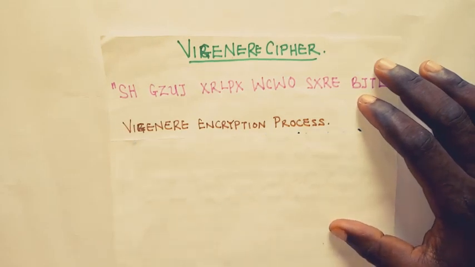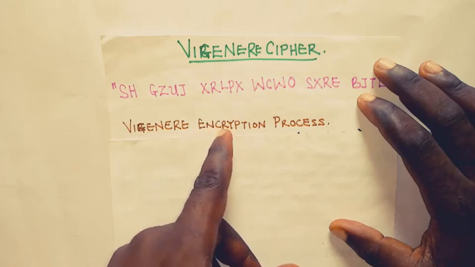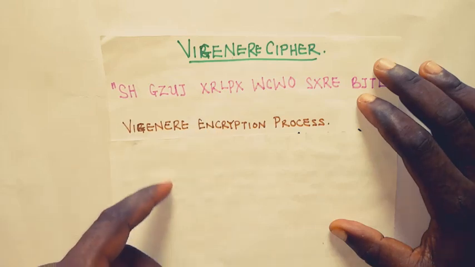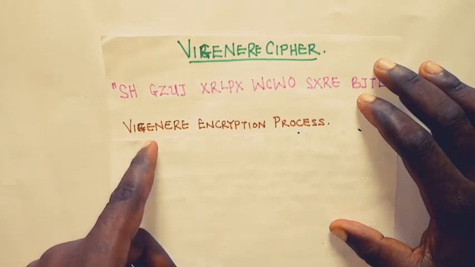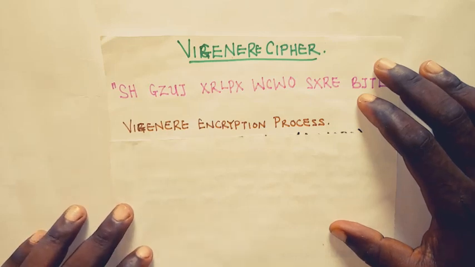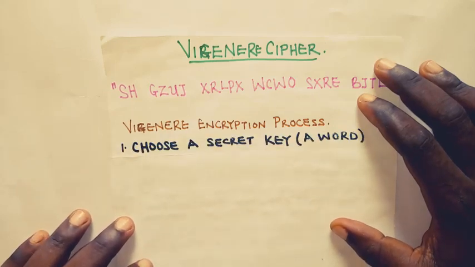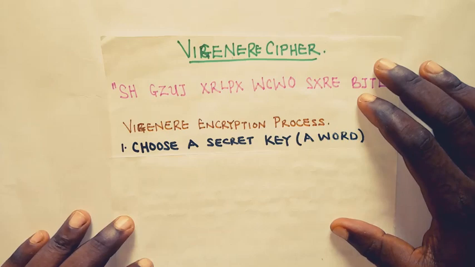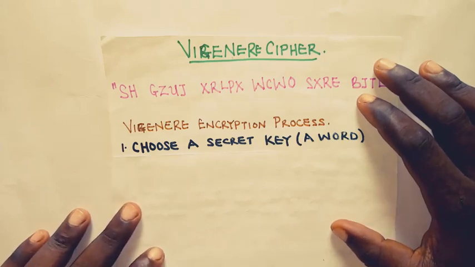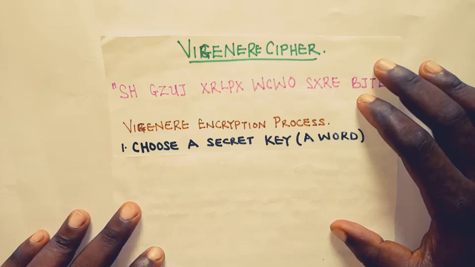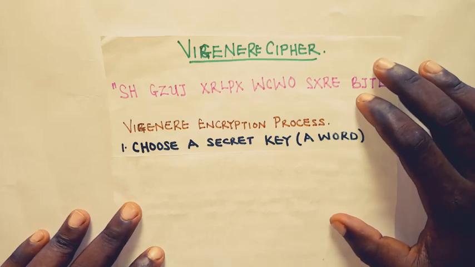There are some things you need to do when you want to encrypt a plain text using Vigenere Cipher. So one of the first things you need to do is to choose a secret key. You know, we have always mentioned that the process of encryption requires an encryption algorithm with an encryption key.